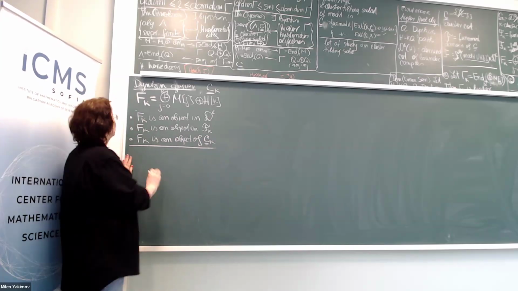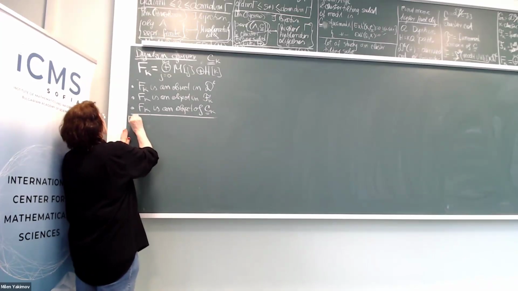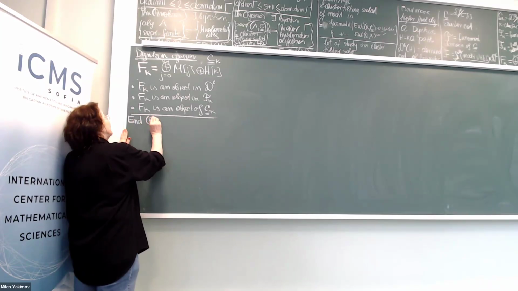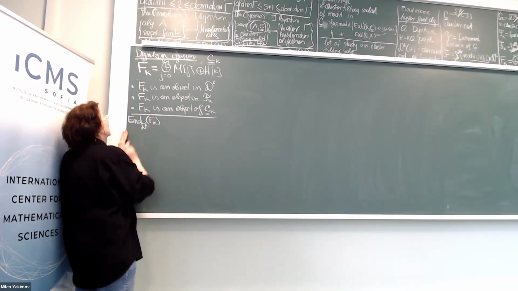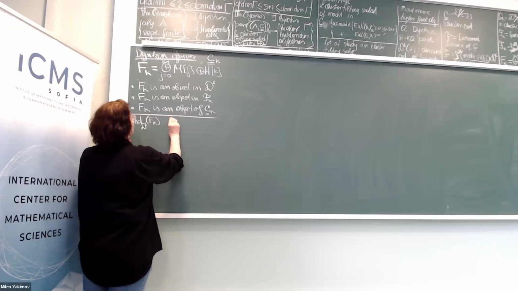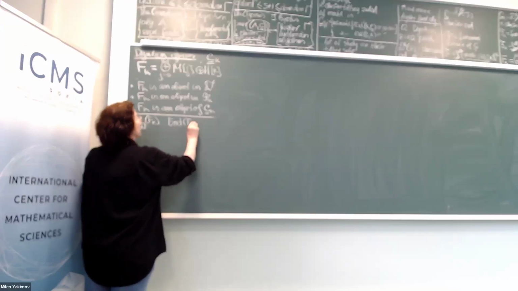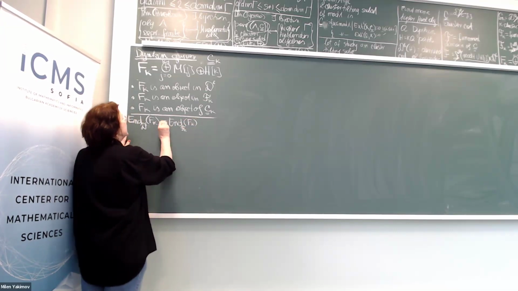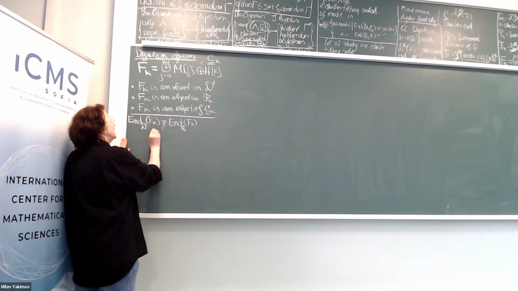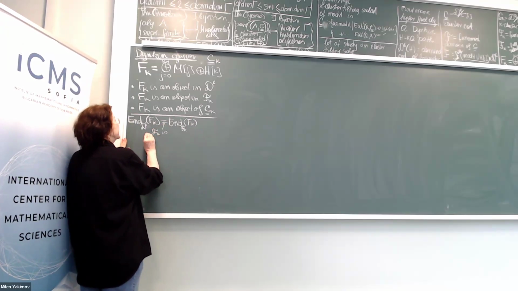Now, if I take the endomorphism algebra of F_K over D^b, and I look at the endomorphism algebra of F_K in the category F_K, this will be the same because F_K is a full subcategory.